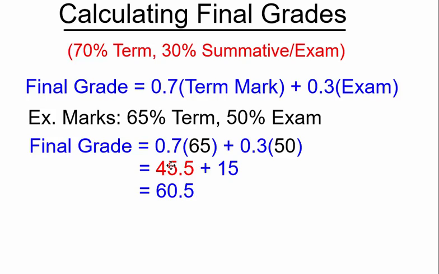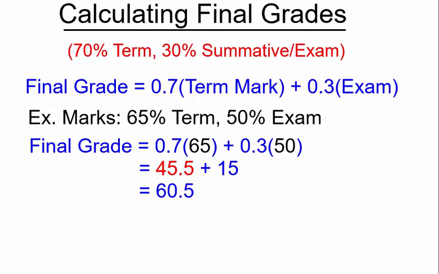Now the key here, this red value, 45.5, is the number of marks that I've already locked up going into the exam based on my term. So if I had 65% as my term mark, I am guaranteed 45.5 marks on my final report card, which is to say I basically only need 5 more marks in order to pass the course. If I got 0 on the exam, I would end up with a 45 final.